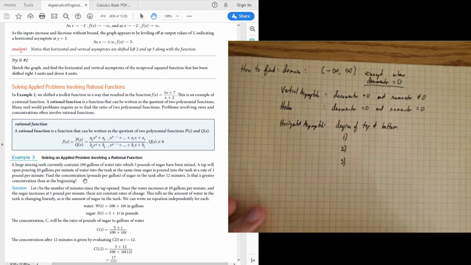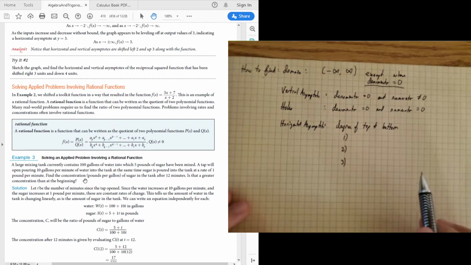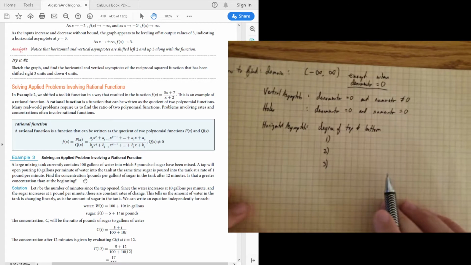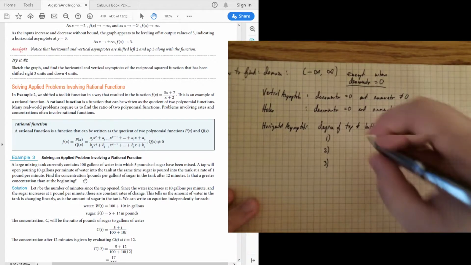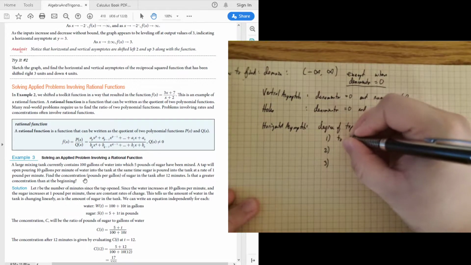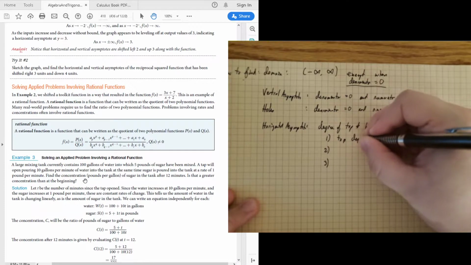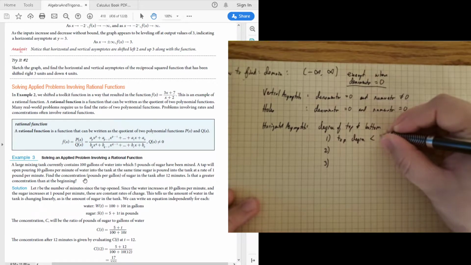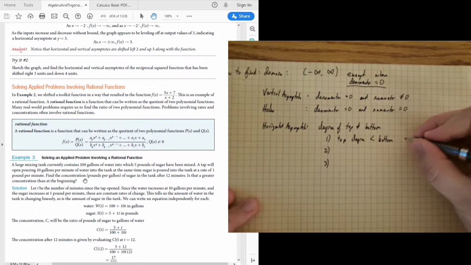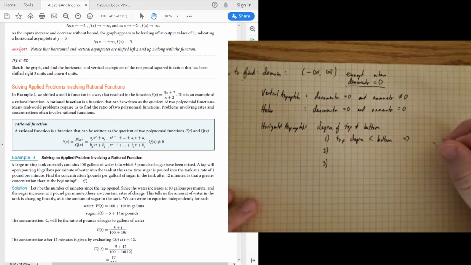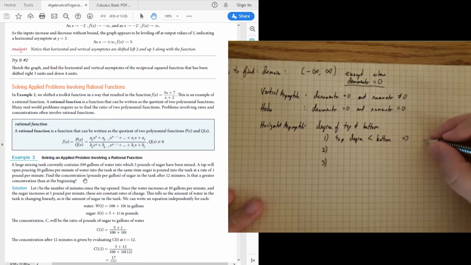And just in a little bit, I will showcase kind of where these all appear in your book. And so let's go ahead and start with these 3. The first scenario, the top degree is less than the bottom degree. In that case, you will have a horizontal asymptote when y equals 0.